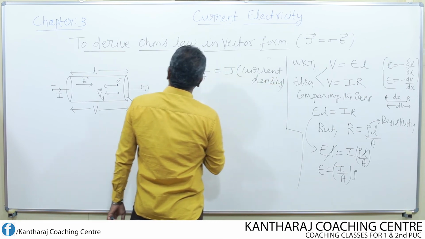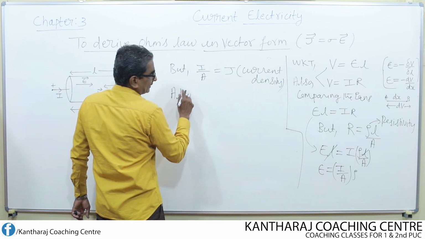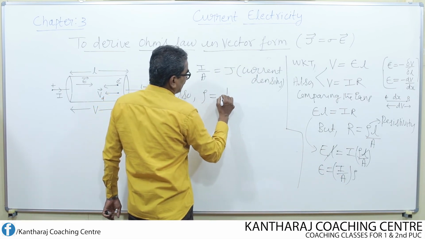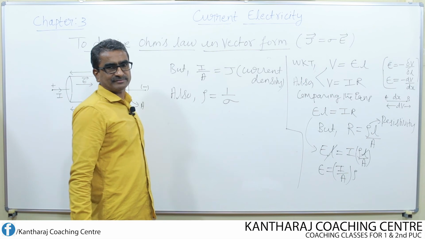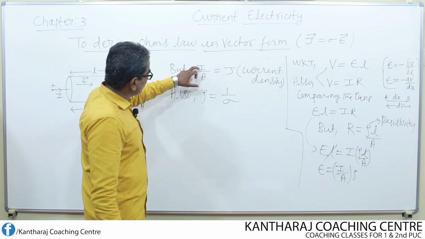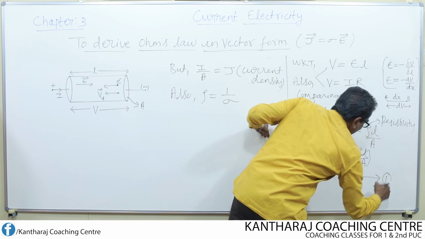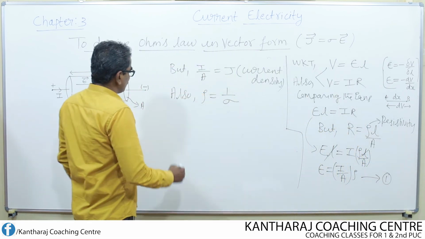Also, we know that resistivity is the reciprocal of conductivity. Now, I substitute these two in this equation. Let us call this equation 1. Now, what happens to equation 1?